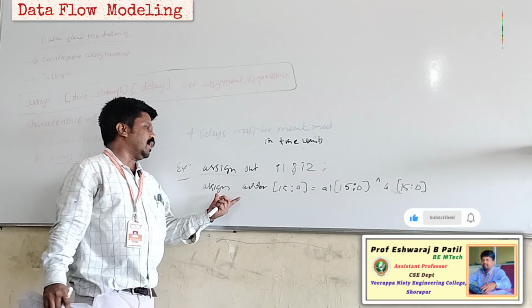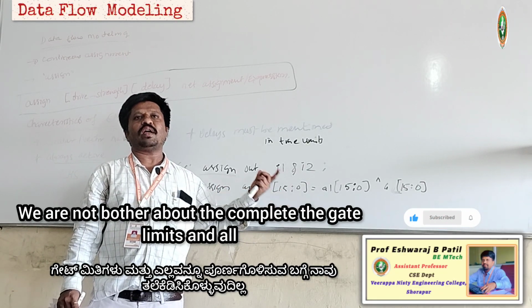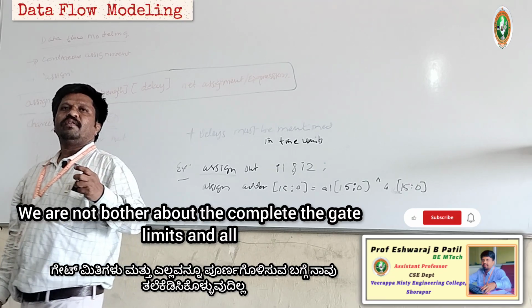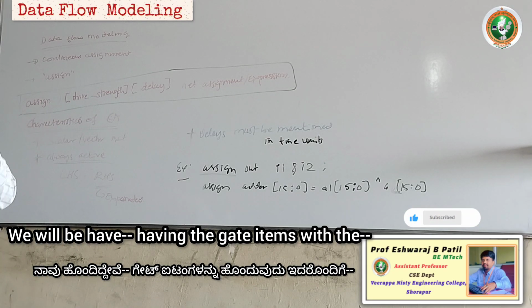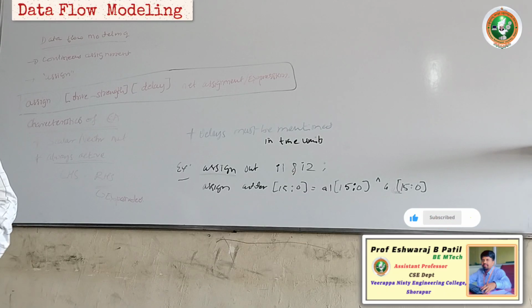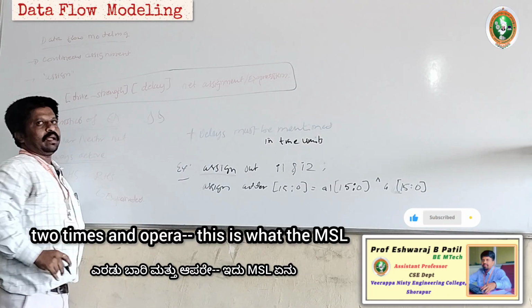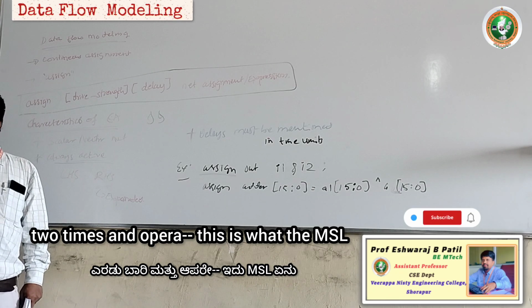It's nothing but we are using the assign keyword with the inputs. We are not bothered about the complete gate names. Particular gate names will have some symbols, some operator names. If I have the AND gate, then I can use the double ampersand operator.